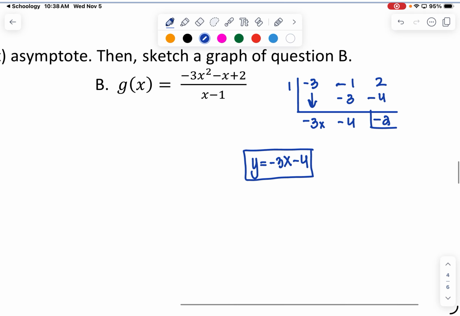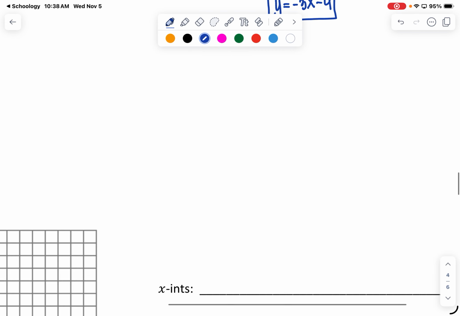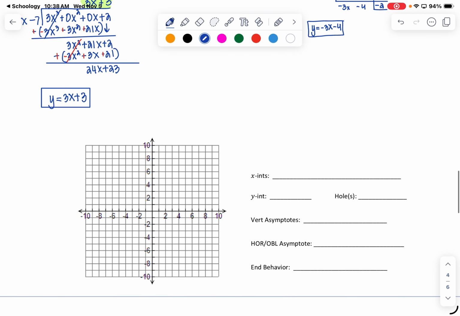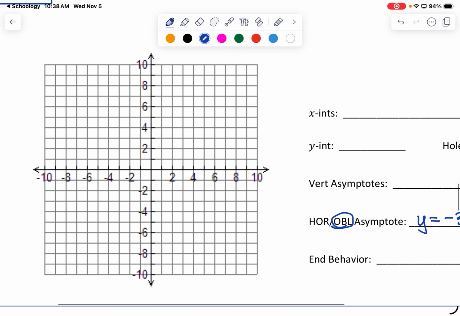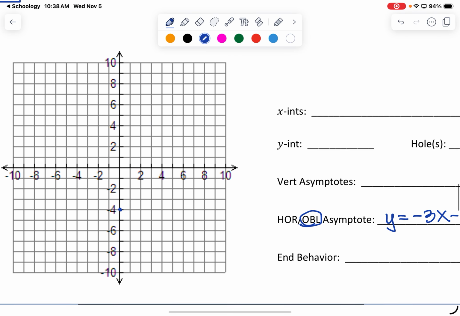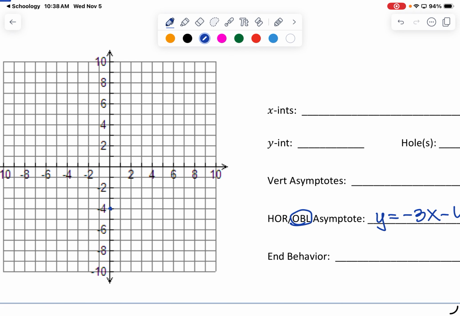All right, so now we are also going to graph this. And if you wanted to use polynomial long division to check it, you always could. Okay, so let's start by graphing our oblique asymptote. It's here, so y equals negative 3x minus 4. So we have a y-intercept of negative 4, and then a slope of negative 3. I like graphing my asymptotes in red.